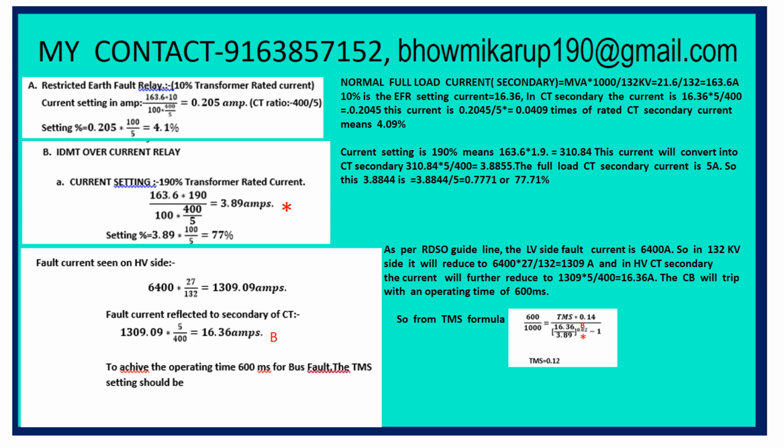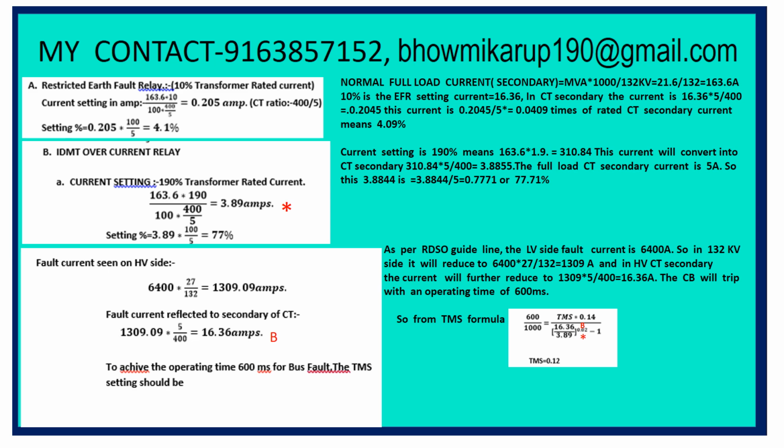So from the time multiplier setting formula, 0.6 second is equal to time multiplier setting into 0.14 divided by, 16.36. What is 16.36? Already you have seen 16.36.